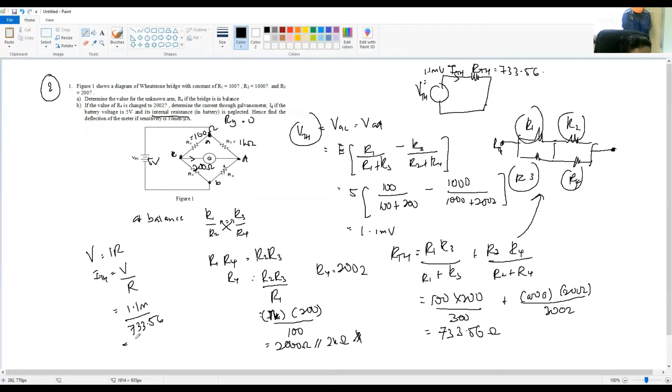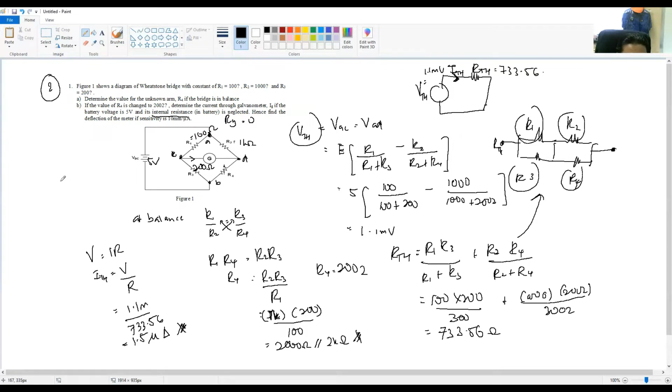So the current will be 1.5 micro ampere. That is the total current on this circuit, 1.5 micro.